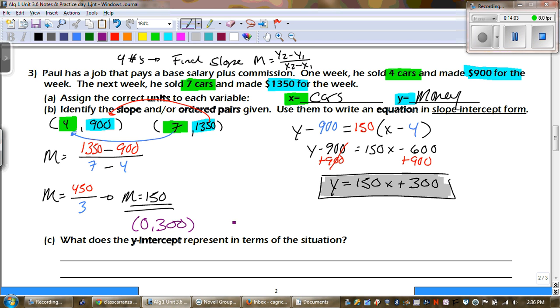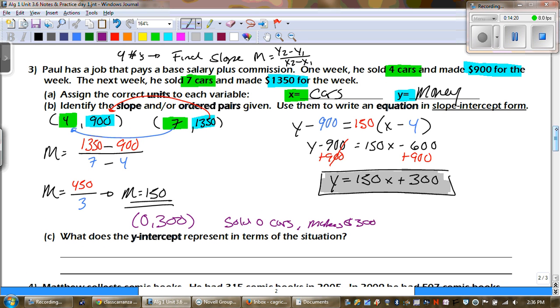Okay, so the 0 is if he sold 0 cars, he makes $300. That's just a quick description, but we want to write a sentence. Okay, so what that means is we're talking about Paul. The 300, that's what his base salary is.